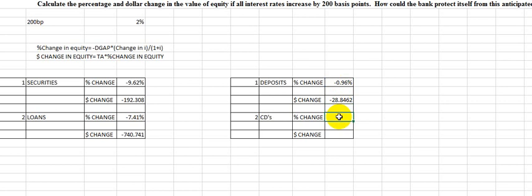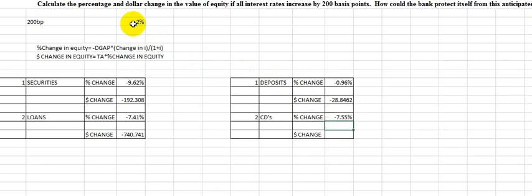As for the CDs, the same thing. The CD's duration was 4 years, so minus 4 times 2%, the 200 basis points, divided by 1 plus the original interest rate for the CDs, which was 6%.